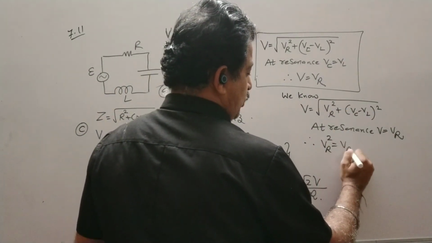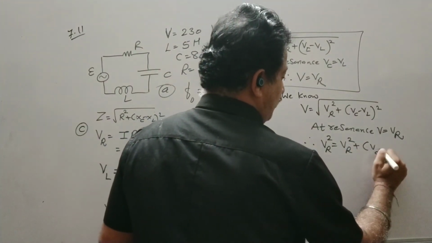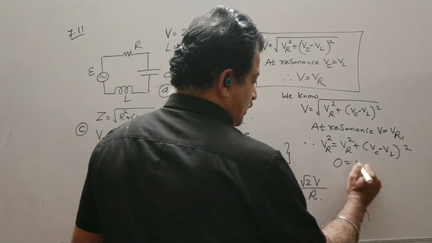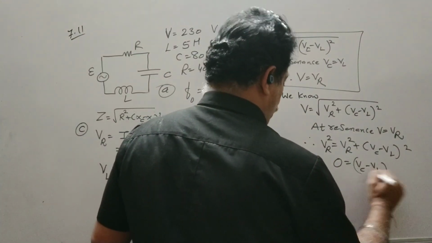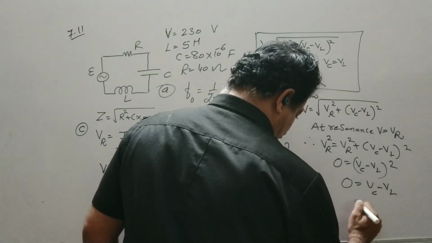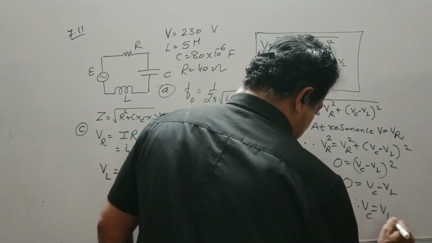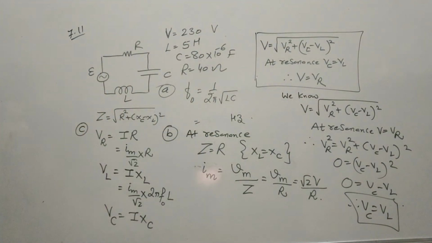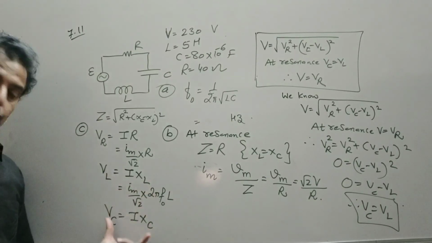So VR square is equal to VR square plus (VC minus VL) whole square. VR square is cancelled. So 0 is equal to (VC minus VL) whole square. Therefore 0 is equal to VC minus VL. Therefore VC is equal to VL. So it is also proved. Otherwise you can substitute the values and check yourself that VL comes out to be VC.